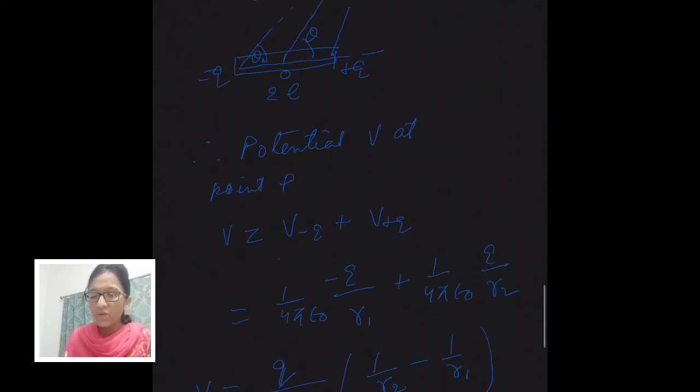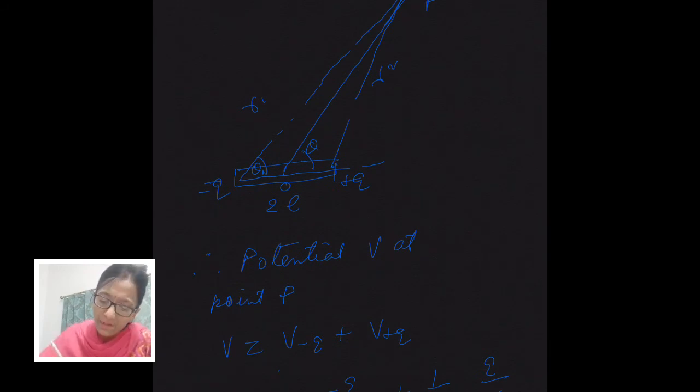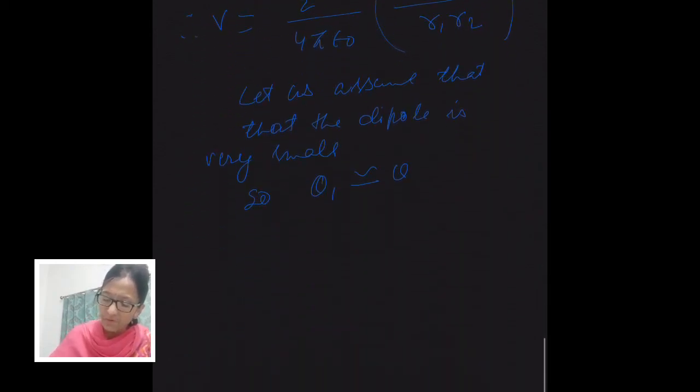Now let us make one construction in the diagram. Let us draw a perpendicular line here so that it meets at 90 degrees on the line from minus Q to P. Here you have a right angle triangle in the diagram.